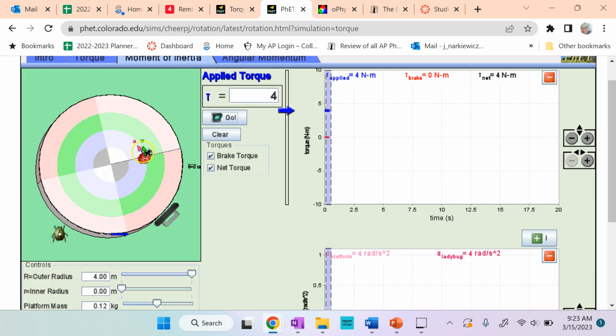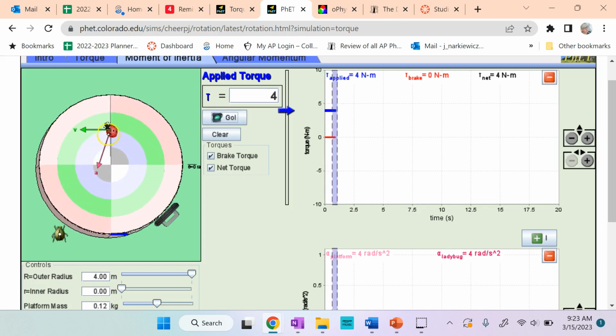But this acceleration vector is not pointed directly inward like we might expect. Even as it speeds up, it's still not pointing directly inward. We're off at an angle. That's because we're not moving at a constant speed. So not only do I have a centripetal, or inward, acceleration, we also have something called a tangential acceleration.